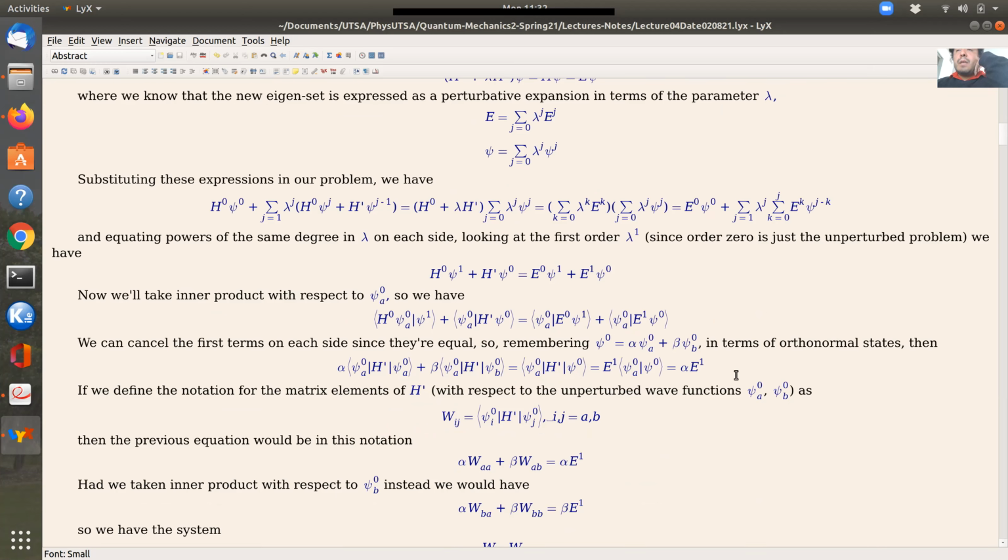If you notice, the terms inside the square root are both non-negative. So that's nice. That means, first of all, that these energies are real, as you would expect, because they're coming from a Hermitian matrix. And these are the first order corrections to the energies. Notice that you have a plus minus.